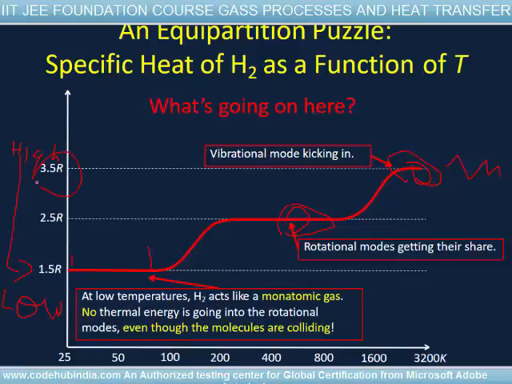These are the 3 temperature regimes of the degree of freedom. Freedom 1, 2, 3, of temperature. So it is rotation as well as vibration I can say. This is rotation only. What happens is steady, because at low temperature it is like monoatomic gas, no thermal energy is going to rotational mode. It is steady.